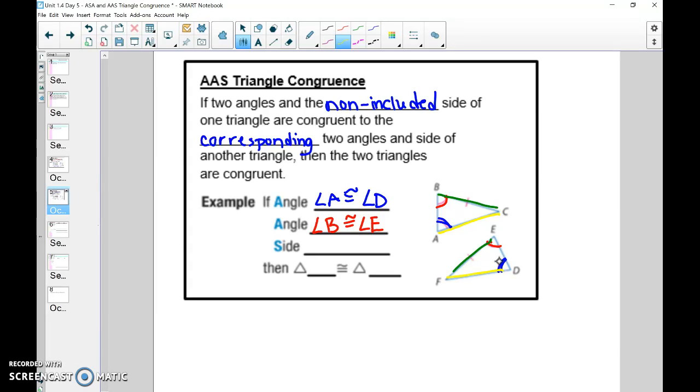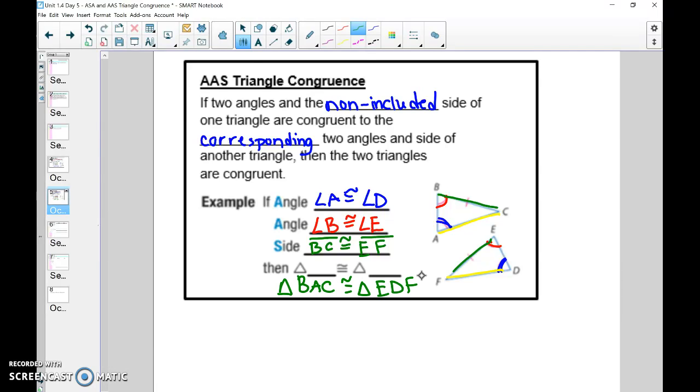We couldn't just obviously say that they're congruent, but it would still go angle, angle, side if that was the case. But in this one, they chose the green one. So we've got BC congruent to EF. And then that means the whole triangle BAC is congruent to triangle EDF.